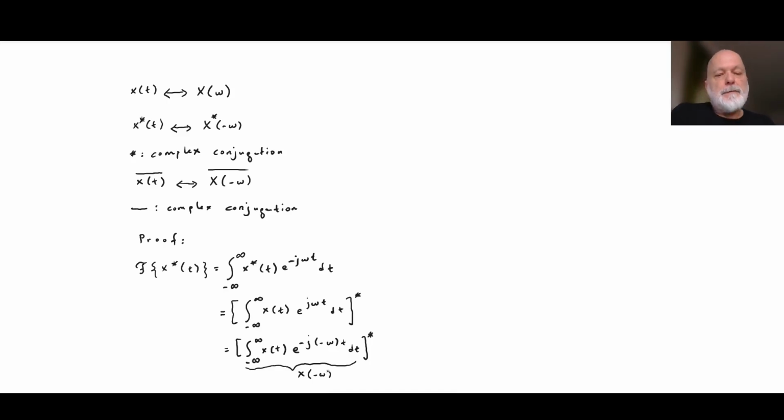Okay, now we have this result. A very important conclusion related to this result is the following. If x of t is real valued, then we know that x of t will be equal to x conjugate of t.